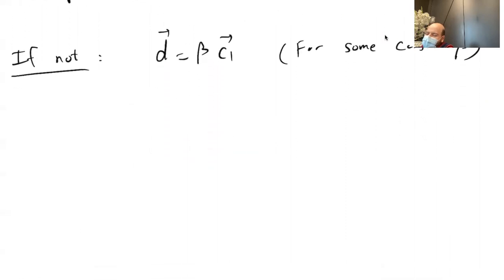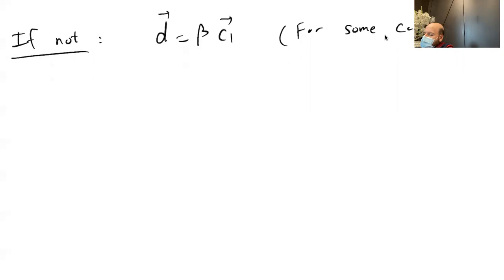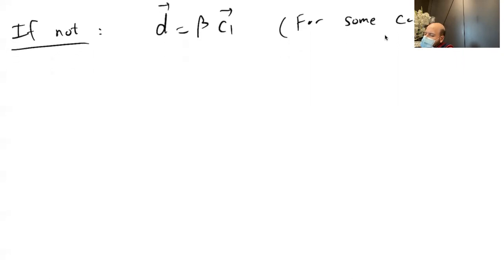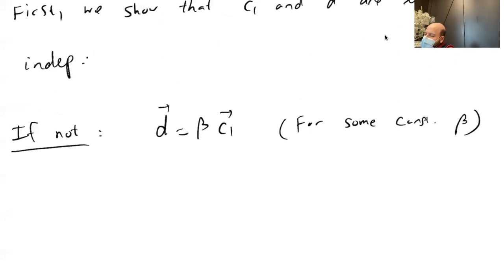We can write each of them as a scalar multiple of the other one. If D is beta C1, then C1 will be 1 over beta D. So please note that everything is non-zero here. C1 is non-zero, D is non-zero, therefore beta is non-zero. And we can divide by beta as well. So D, let's say, is equal to beta C1.